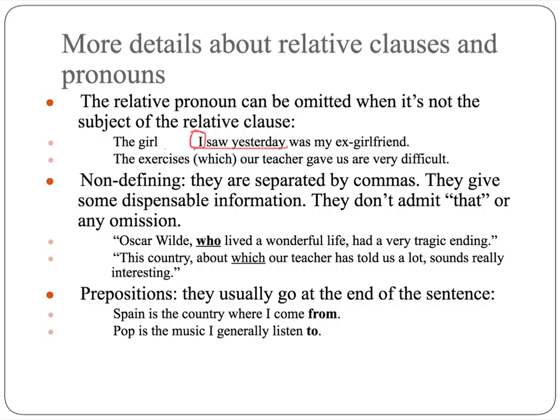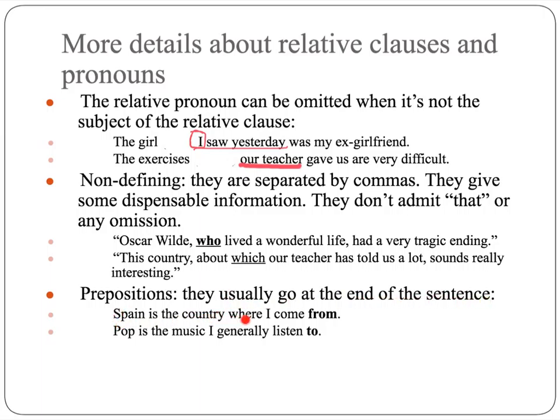And normally, in non-defining sentences, if we have a preposition, the preposition always goes before the relative pronoun. Because in the rest of the sentences, in the defining relative sentences, prepositions usually go at the end, okay?